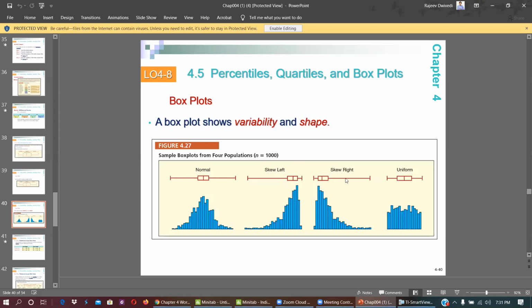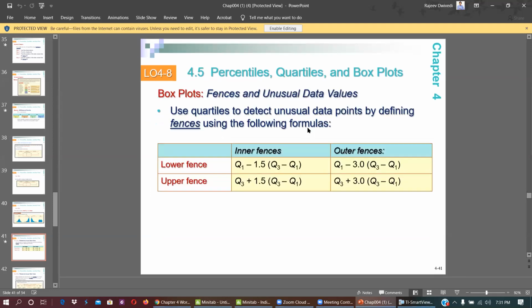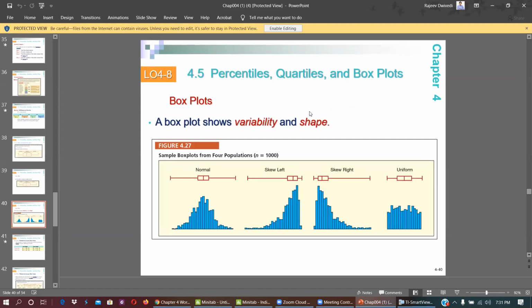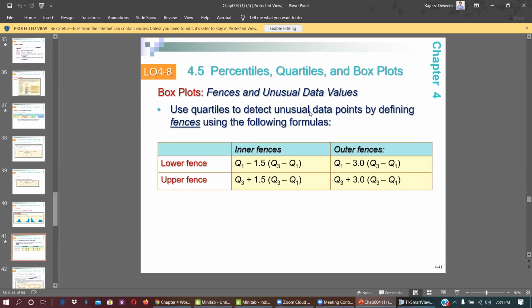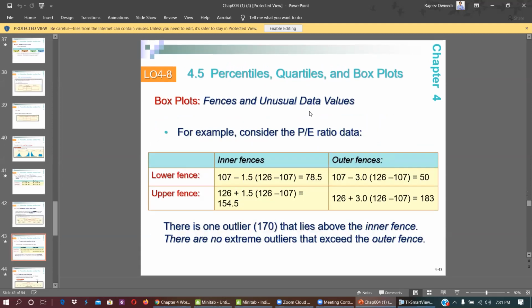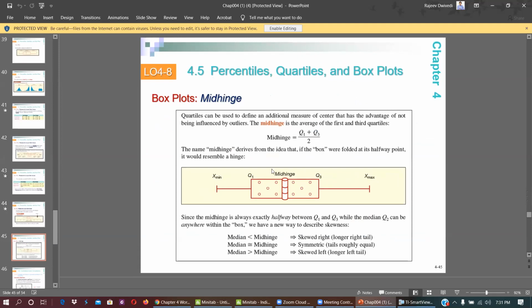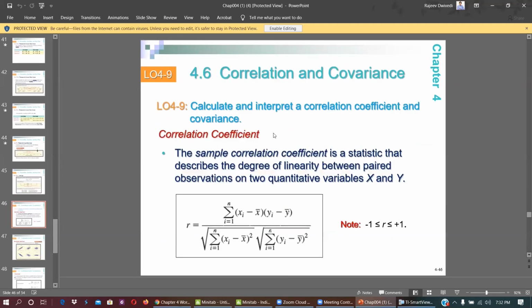If you see the tail is towards the other side, you can say skewed right. So you can understand based on the box plot what kind of shape is there. So this is the interquartile range. Midhinge is another thing basically, so I'm not going to explain.